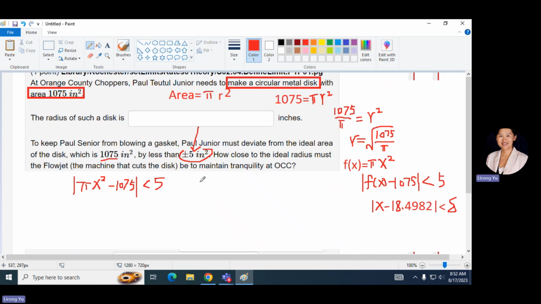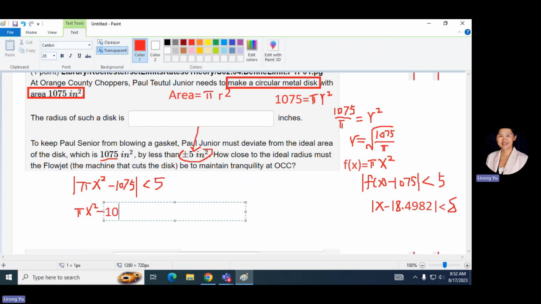You can, if you want, do pi r squared, but I like to think of the x value as independent. So this is what we intend to happen, because f of x is supposed to be the area of the circle. So we want this, and then we're going to do a similar calculation. So we would say that pi x squared minus 1075 is less than 5.